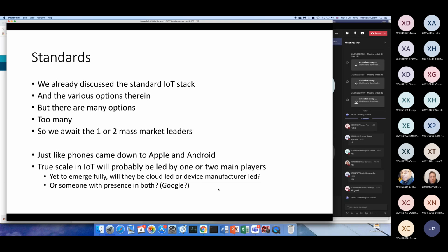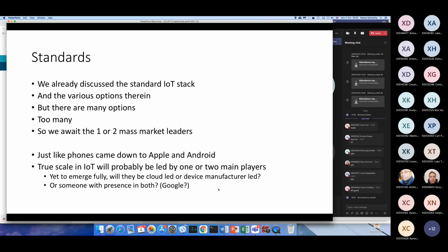And as I say, true scale IoT will be a similar sort of thing, all right? So in other words, at the moment, you've got all these different types of IoT devices out there. You've got all these different types of IoT host systems out there, which is more important, right? And we'll talk about that in a minute. Eventually, it will come down to one, two, three, more than one obviously, hopefully, otherwise it's a competition issue.